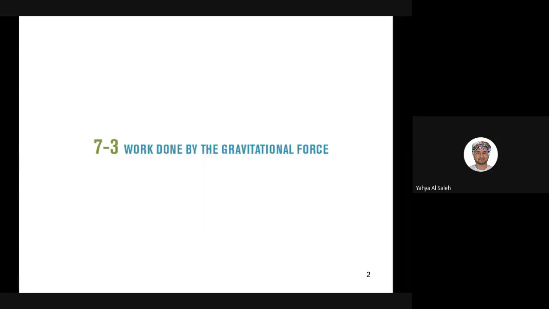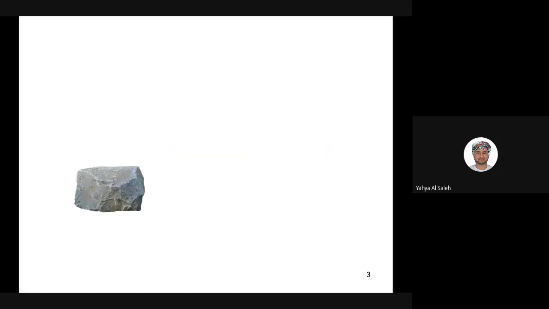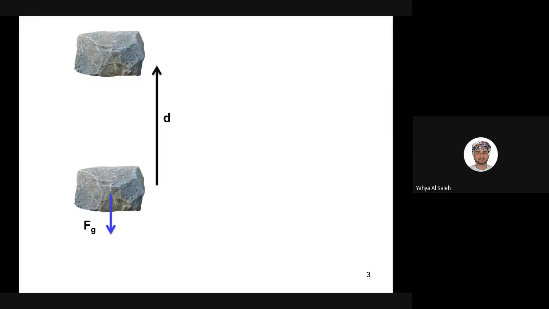Okay, so that was the kinetic energy. Let's take a look at a different type of energy, the gravitational force or gravitational energy. Say we have a rock and we want to move that rock up. What is the work done by gravity force while we are moving it up? See, I'm not asking for the net force.